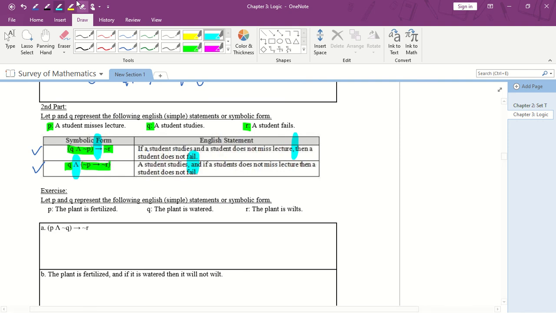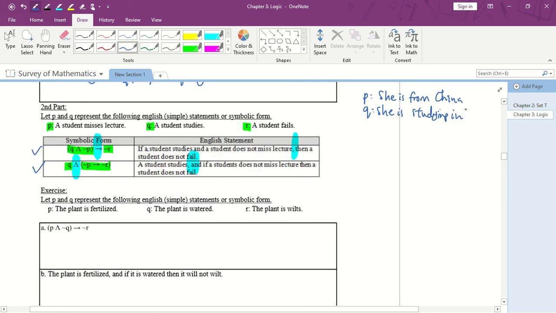So let's try an example here. I say P is, she is from China. Again, the same thing. So Q, I would say she is studying in Thailand.